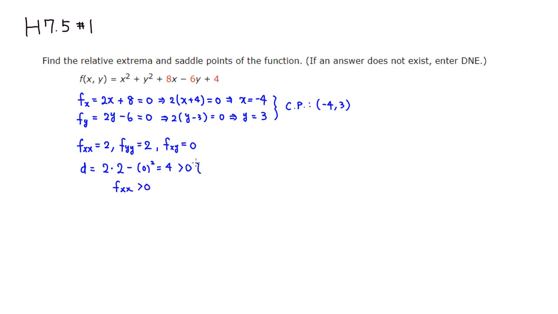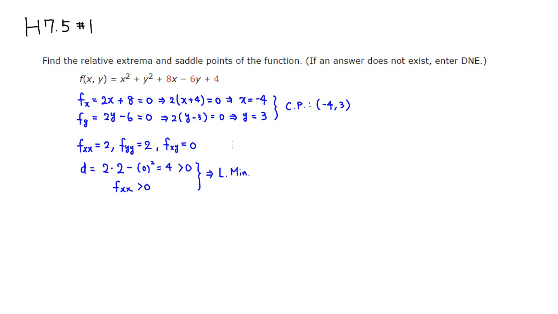So when D is positive, we're talking about the bowl shape, and the second partial being positive means that the bowl shape is facing upward. So we know that the critical point is going to give you a local minimum, or relative minimum.